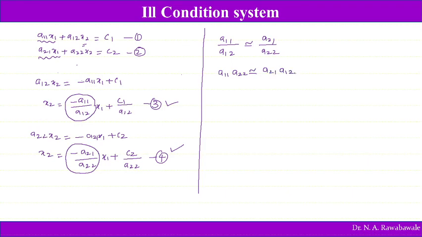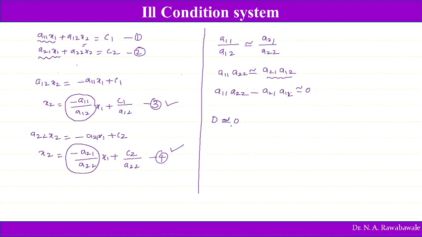This can also be expressed as a11 into a22 minus a21 into a12, transferring the right hand side to the left hand side, and this is approximately equal to 0. That is nothing but, if the determinant D which we have obtained is approximately equal to 0, then that leads to ill condition.